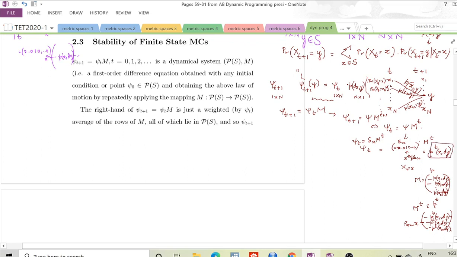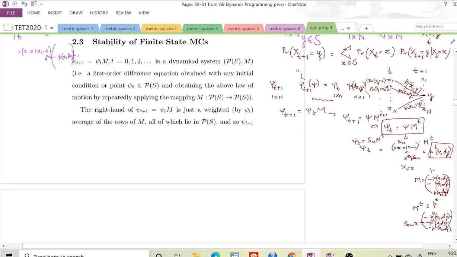So if we take the transition matrix M and raise it to the tth power, then in the xth row are the probabilities that, starting in state x for sure at time t equals 0, we are in the different states y at time t.